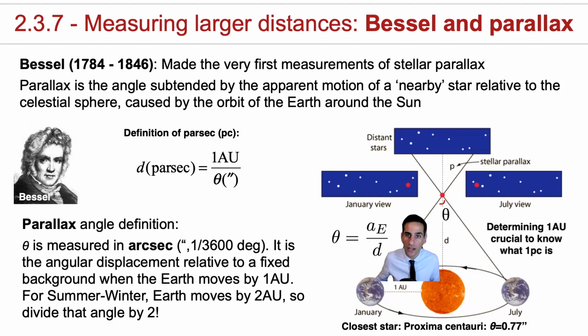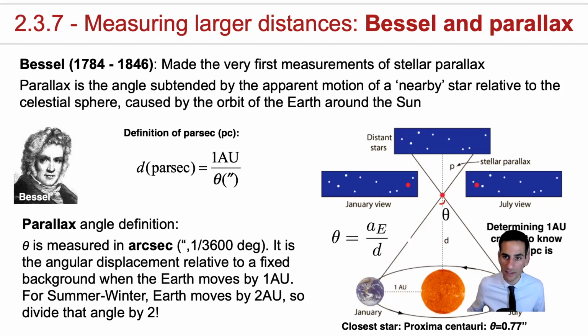And the reason why parallax angles exist is something that you can do very easily. So if you pause this video and put your finger in front of you, and if you close one eye and then close the other one relative to the screen, which hopefully is not in front of your face or too close, you will see that the position of the finger relative to the background screen changes. And this is what we're doing when we're looking at nearby stars.